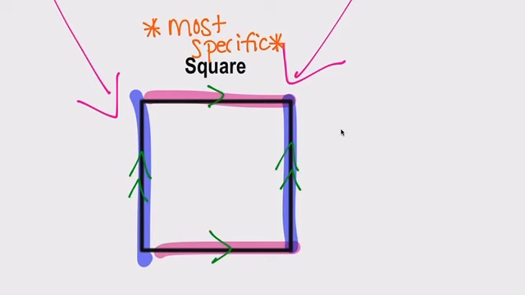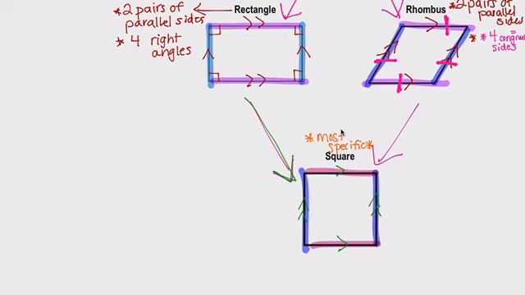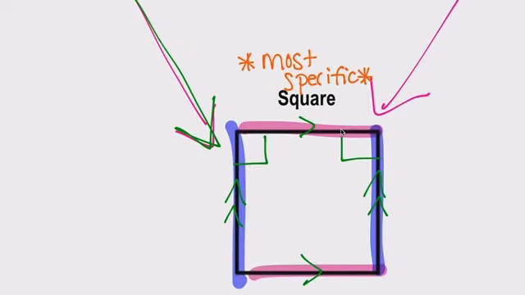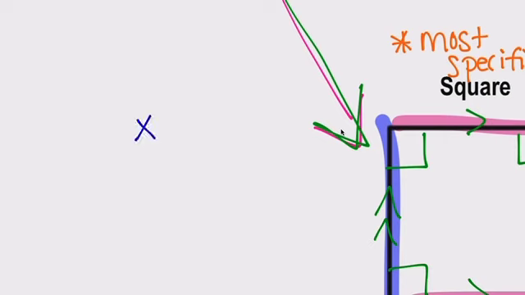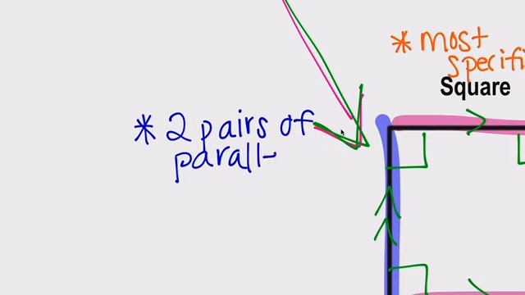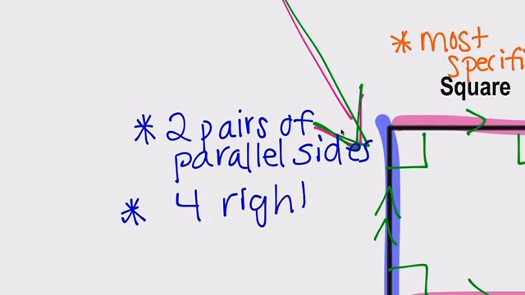It also stems from a rectangle because it has four right angles. So we know we have two pairs of parallel sides. It has four right angles, like a rectangle.